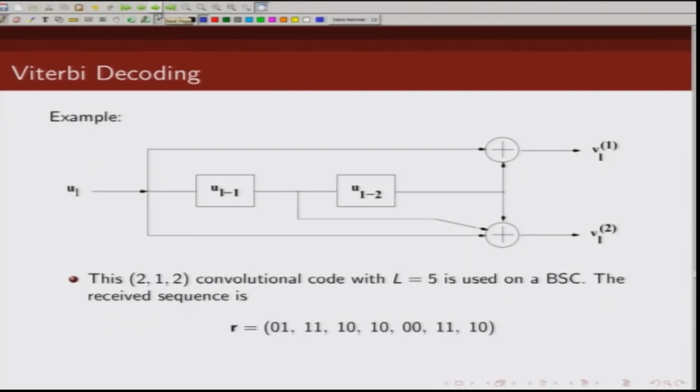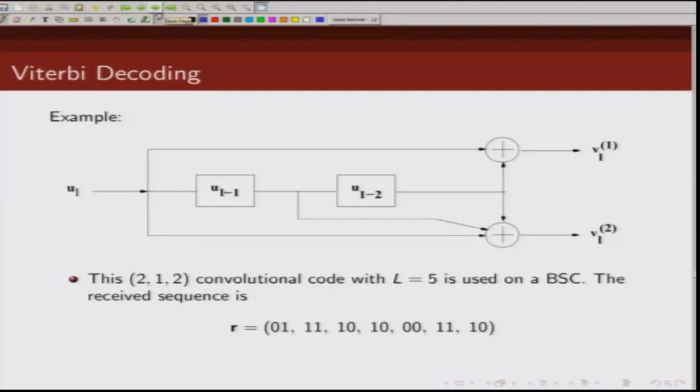So, let us come to an example to show how we compute the partial path metric, how we choose the best surviving path, and how we eliminate other paths which do not give us the best path metric. Okay. So, let us take an example of a rate 1/2 code which has memory 2. This is the encoder of a rate 1/2 code. We are given that the number of information bits was 5.